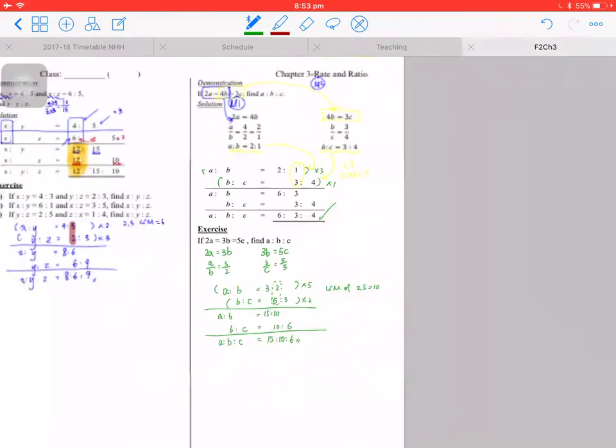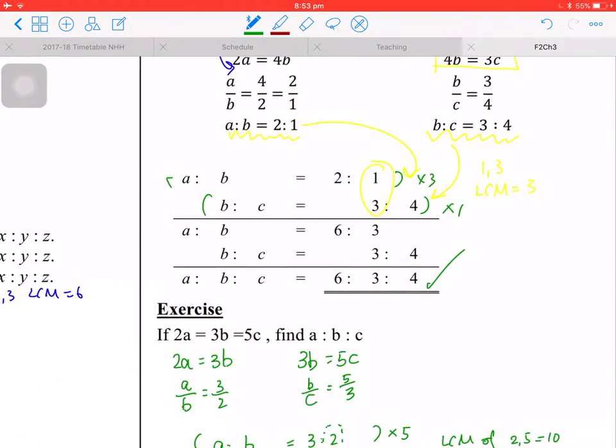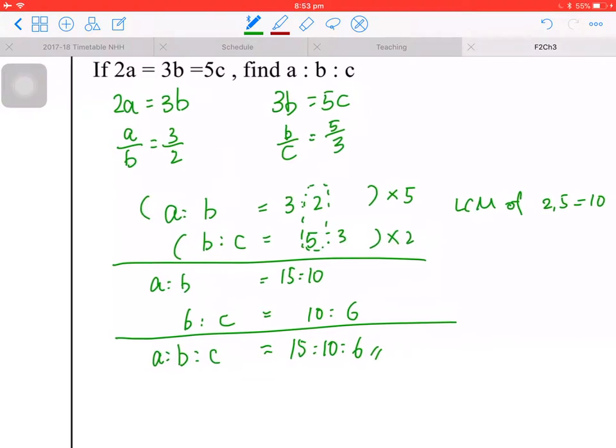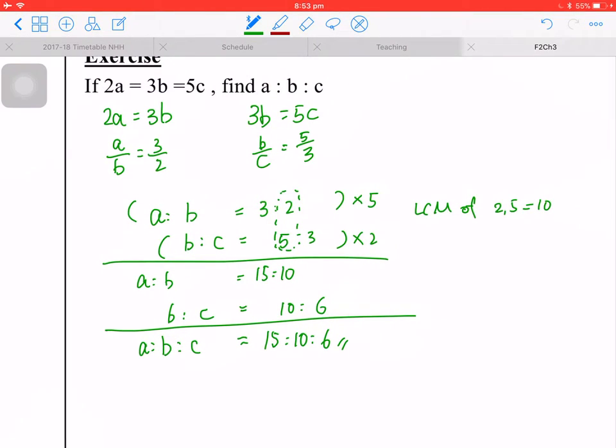So here I have showed you method 1. What will be method 2? Basically, you find the LCM of each of these numbers. For the LCM of 2, 3 and 5, that will be 30, sorry, not 15.